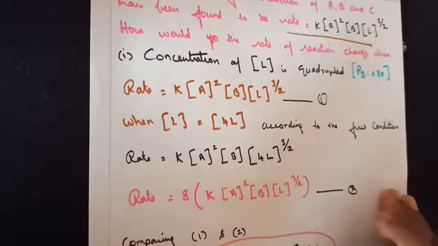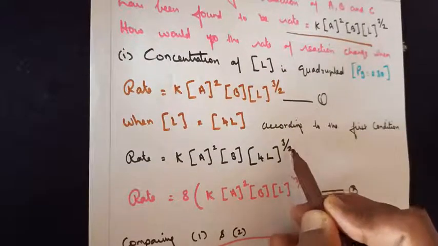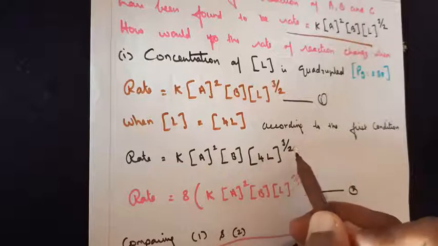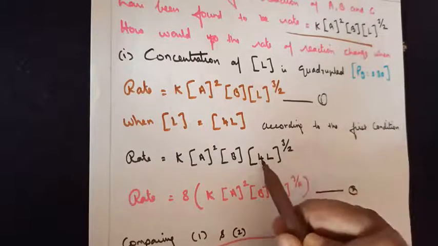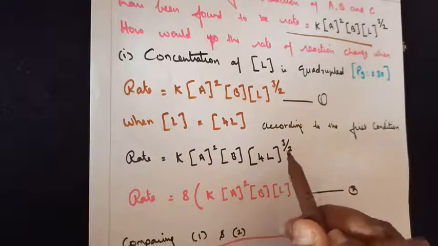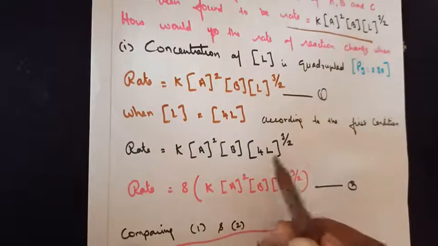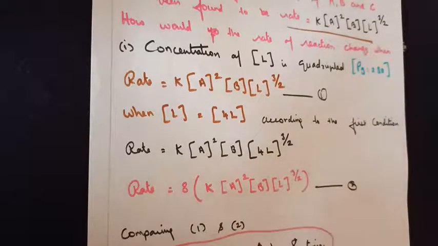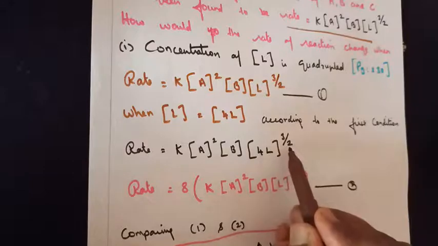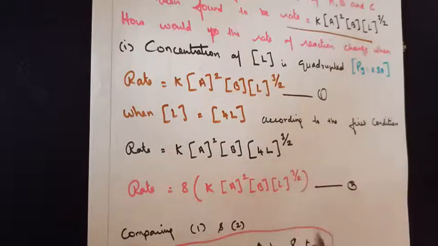Now you have learnt this in the laws of exponents. Now 3 by 2 is common for the 4, and 3 by 2 is also common for L. We will consider only the numericals. So 4 to the power 3 by 2 is 8. We take this outside because nowhere else do we have numericals. 8 we take outside. In the remaining step we write A squared, concentration of B, and 4 has been multiplied with the numerical, so only L is left over.